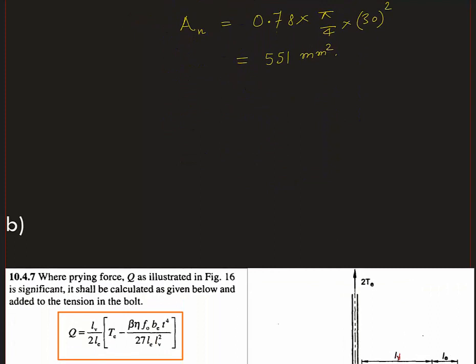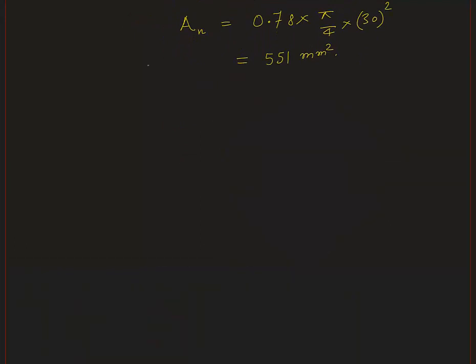Now we can use the above clause, and that says TDB is equal to TNB divided by gamma MB, and this is clause 10.4.5 as we discussed earlier.